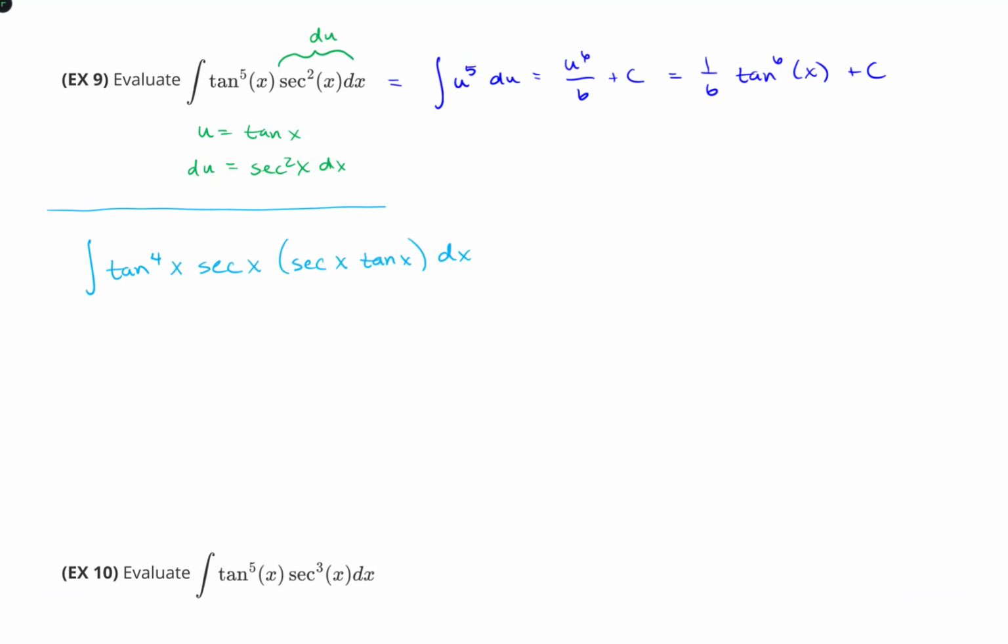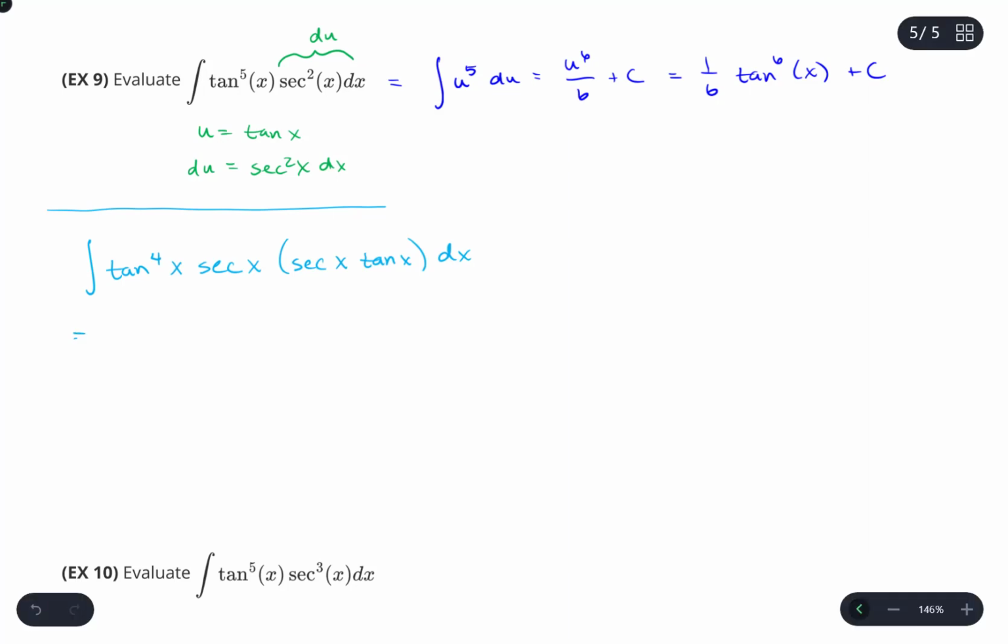So this is fine. I have what I'm going to use for du, and then I've only just pulled out factors from these two original terms. Ultimately, because my du is secant x tangent x, I would be substituting with secant, so I need everything else in terms of secant.